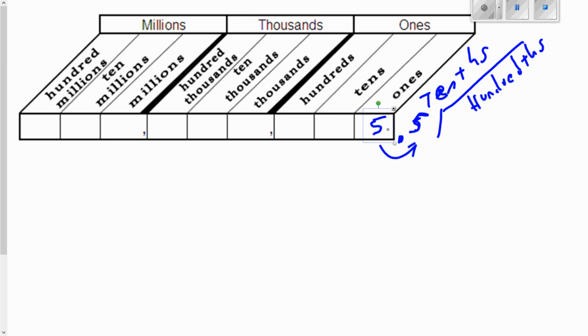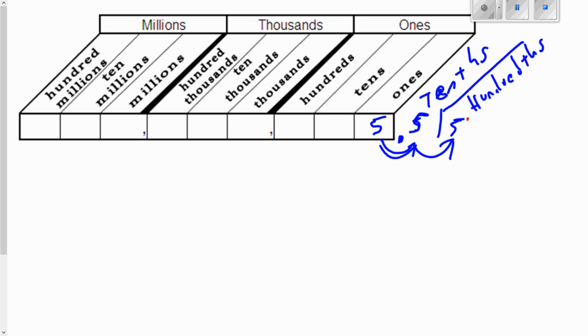If we move a 5 over from the ones place to the tenths place, it's 1/10 as big. And if you move from the ones place to the hundredths place, it's now 1/100th as big. So this 5 here is worth 1/100th of that 5 there.